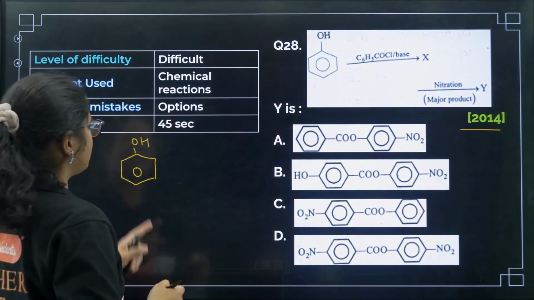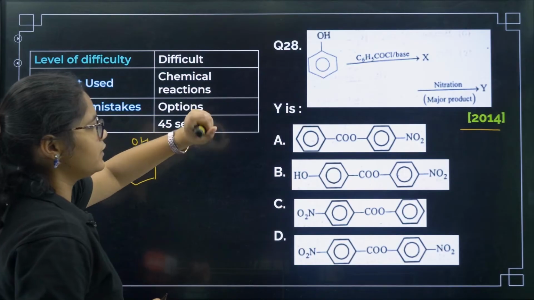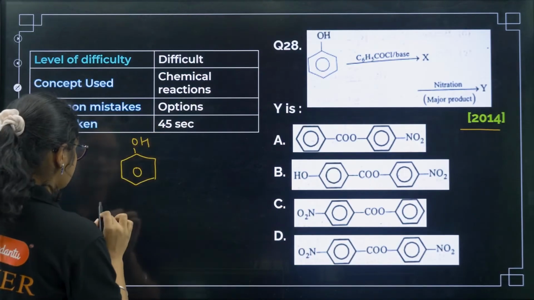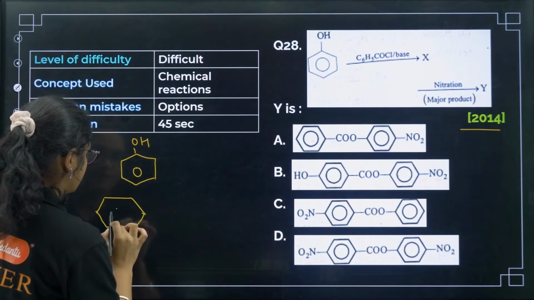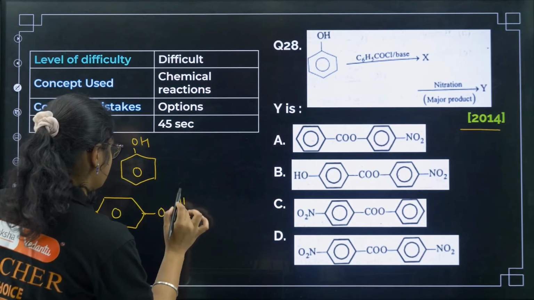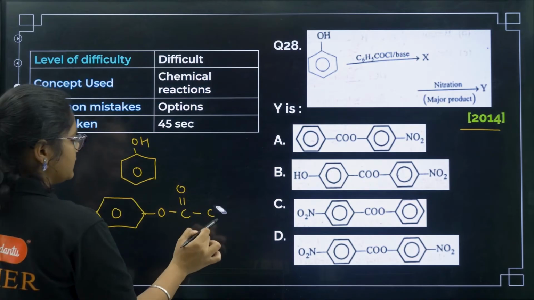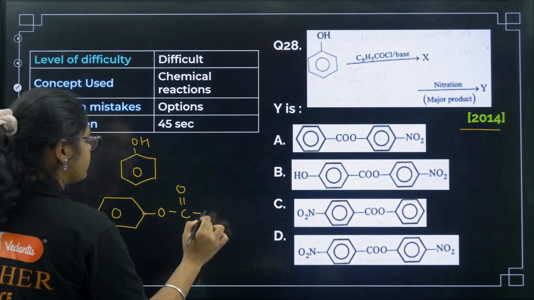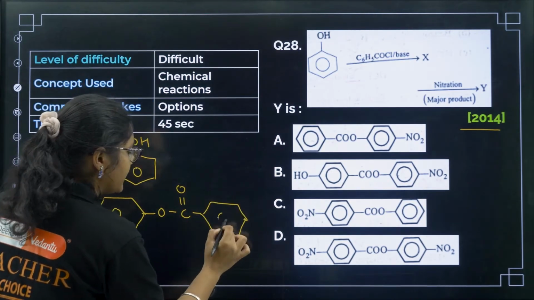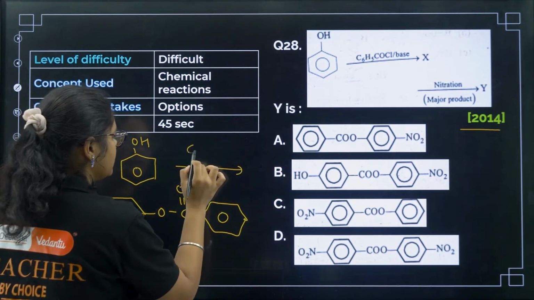So OH can react with this one and we'll get OCOC6H5, right? So I'll write it in the structure in this form. We'll get this one.